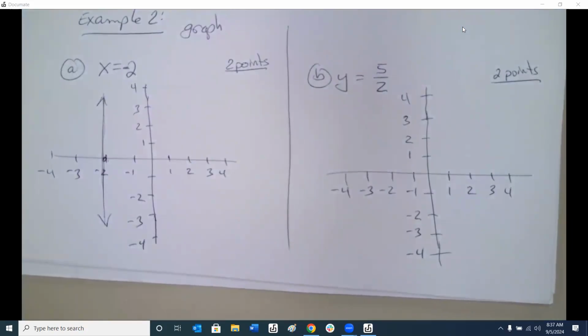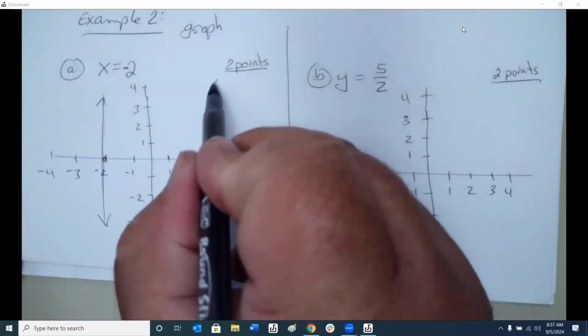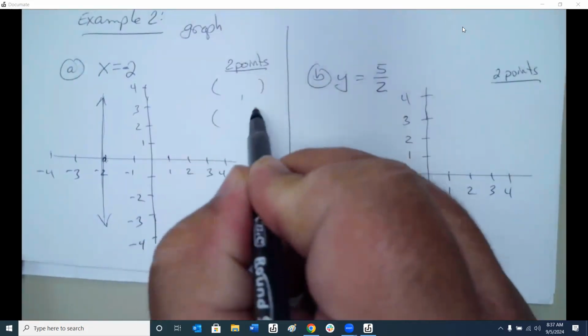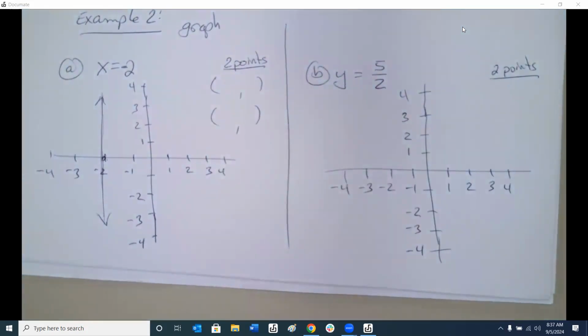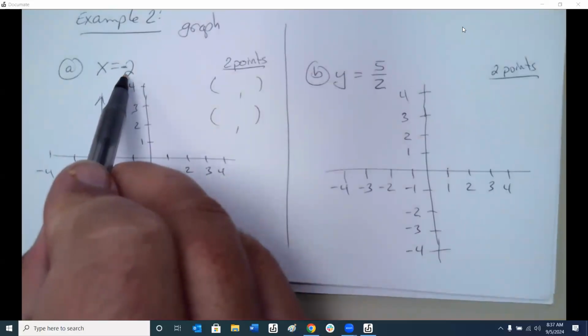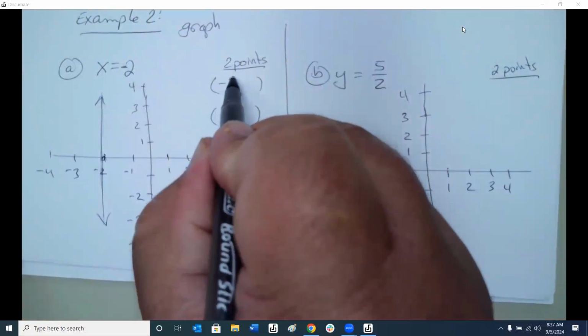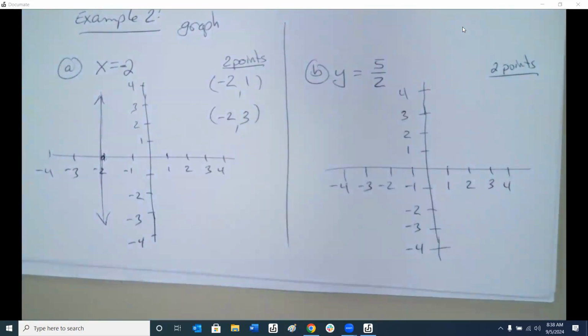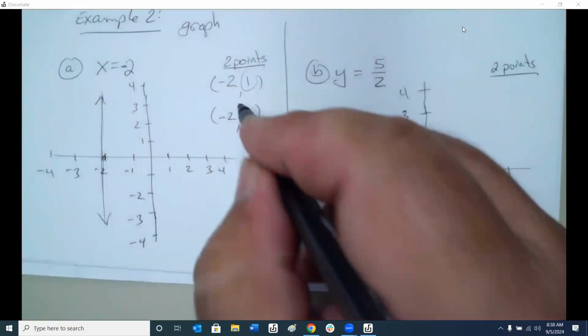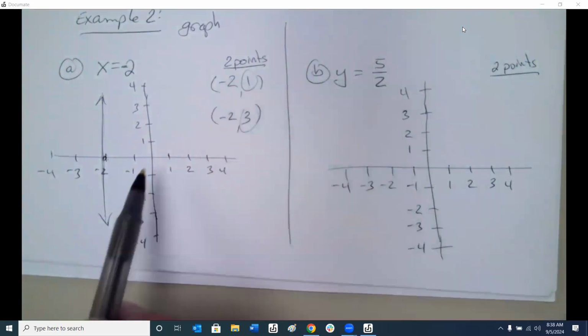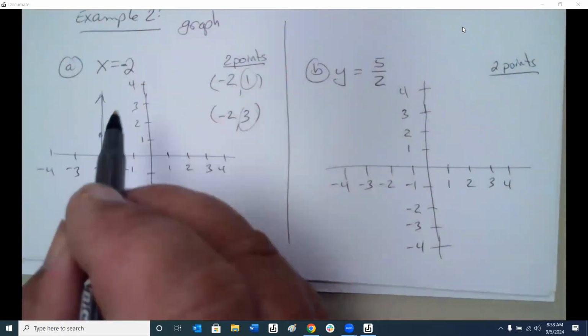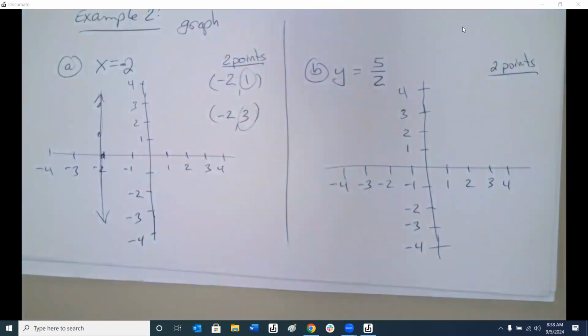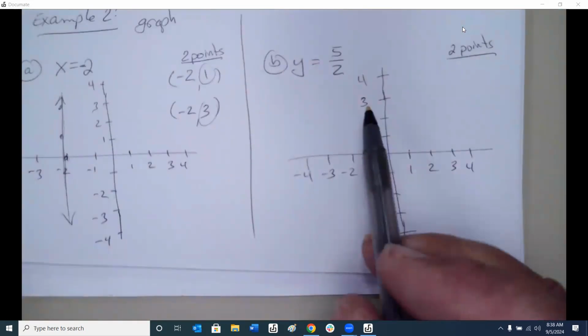If you still don't see it, then we know we needed 2 points to find the graph. No matter what you pick for y, x is going to be -2. I could put any values I want there, but x is always going to be the same. So it's going to be a dot there and a dot there. Same logic in this other one.